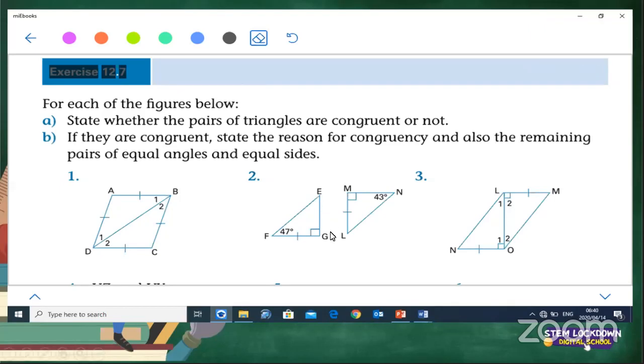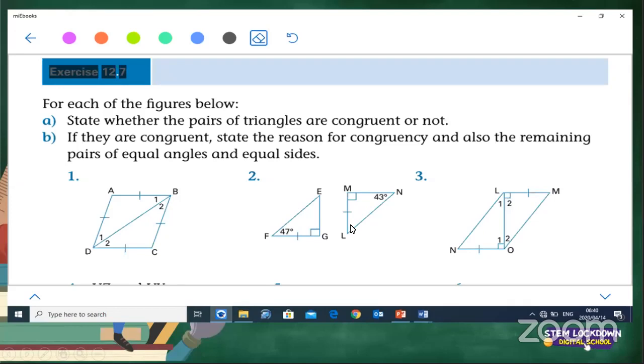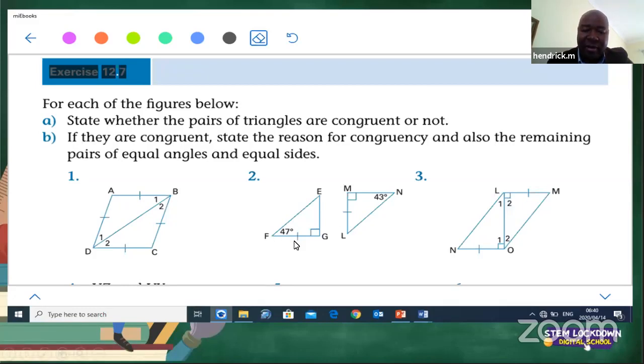And the same goes for the second triangle. If you add 90 and 43, and then subtract that from 180, you will see that L will be 47. Can you see that? Yes, sir. So you will have a side which is given, that's FG, and you also have another side that is given there.